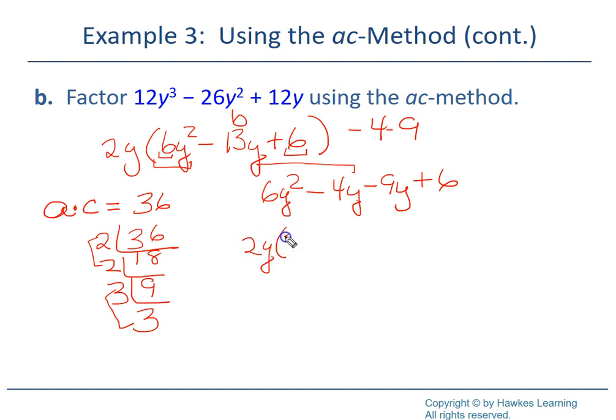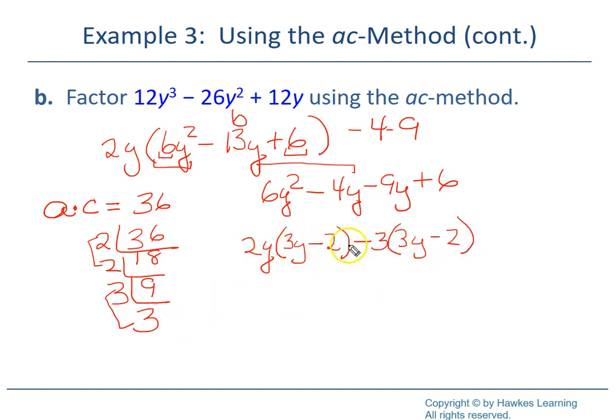So this gives us then a 3y minus 2. Okay, that's going to work. And then here, to get the correct signs, I have to factor out a negative 3, and I get 3y minus 2. Okay, perfect now.